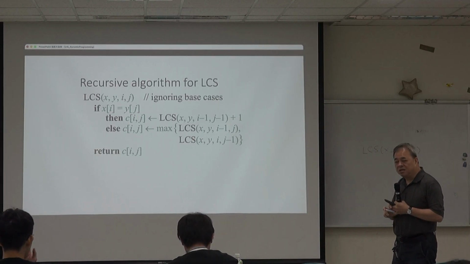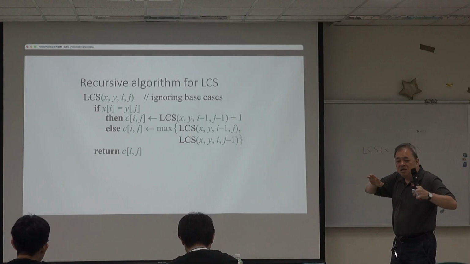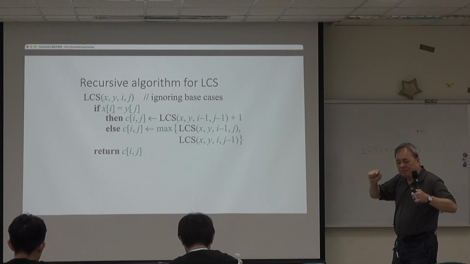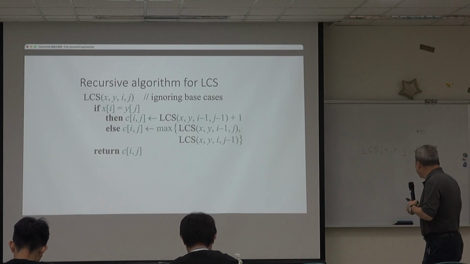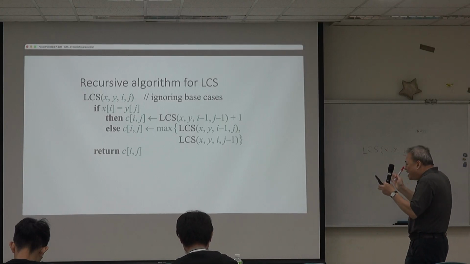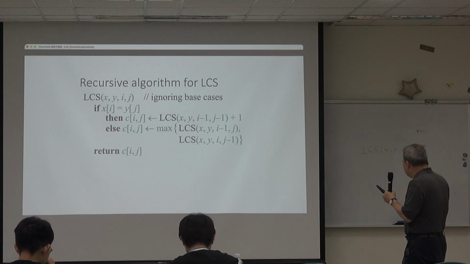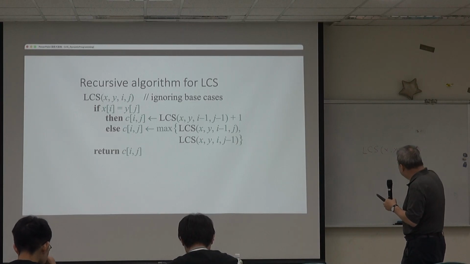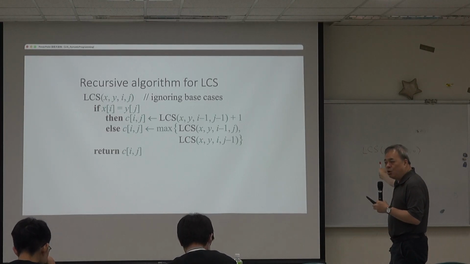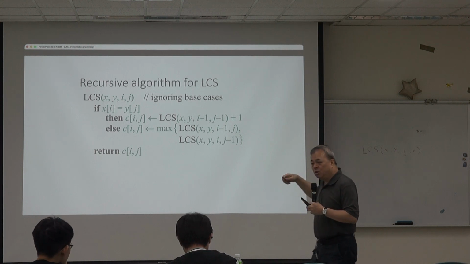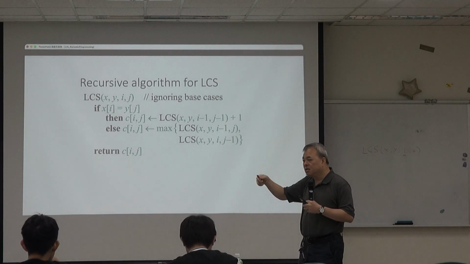Because we want to return the length of the longest common subsequence from the prefix of x of length i and the prefix of y of length j. So in a case like that, what answer should I return?